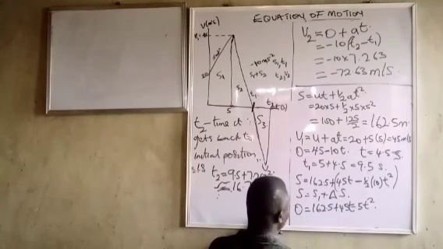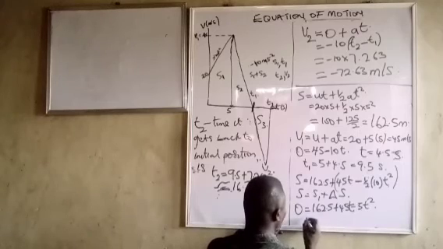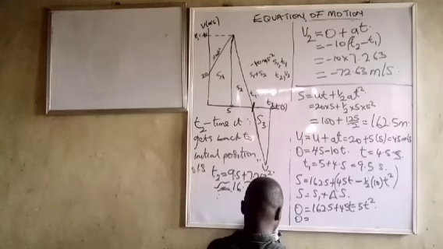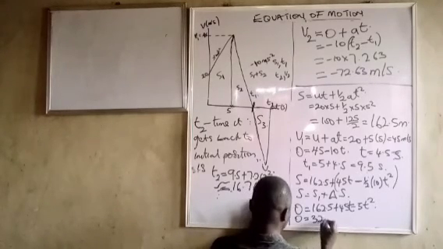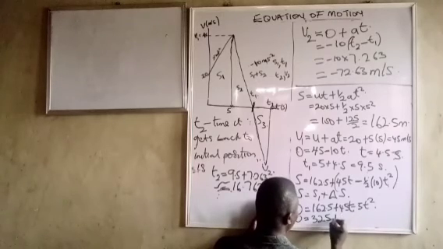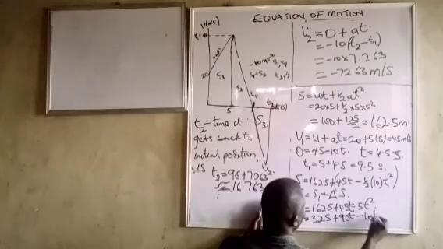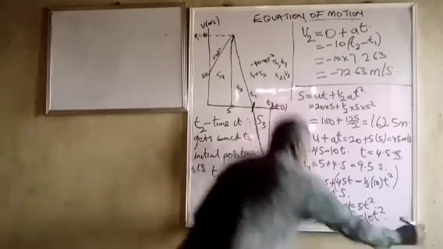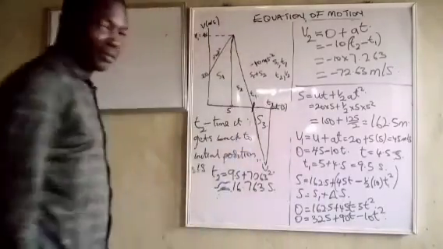And if I should break it further, I can still say 0 will be equal to 325 plus 90t minus 10t squared. Okay, I like it in that form.